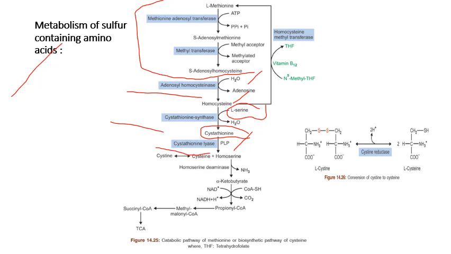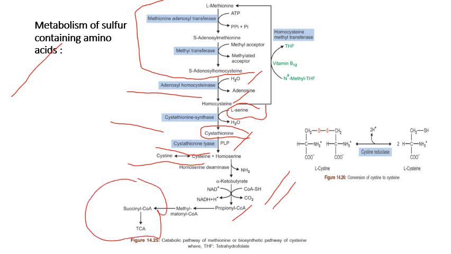Now the cysteine may be oxidized to cystine, or homoserine undergoes a deamination reaction by homoserine deaminase to form alpha ketobutyrate. Then alpha ketobutyrate undergoes oxidative decarboxylation to form propionyl coenzyme A, which is catabolized through methylmalonyl coenzyme A to succinyl coenzyme A, and finally enters the TCA cycle.